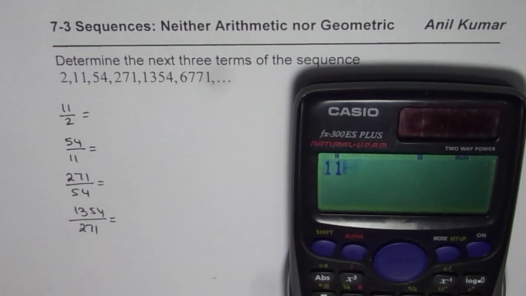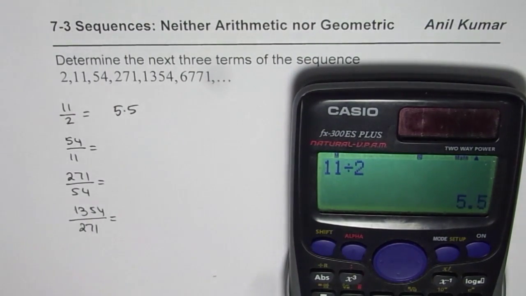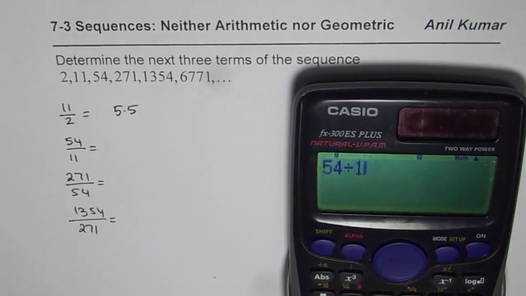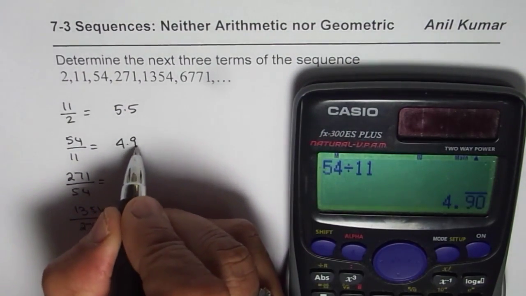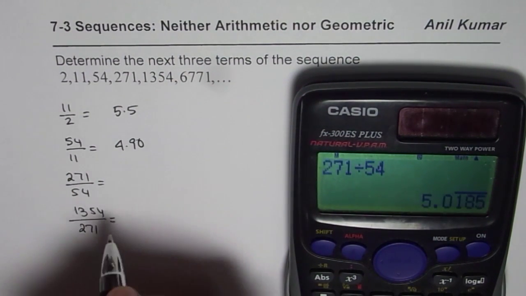So 11 divided by 2 is equal to 5.5. 54 divided by 11 is equal to 4.90. And 271 divided by 54 is equal to 5.01.